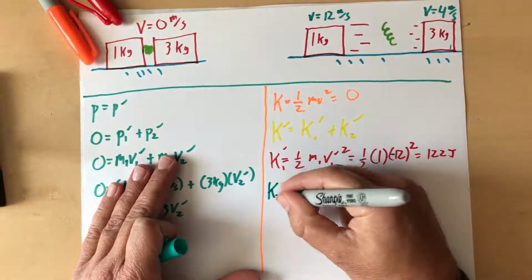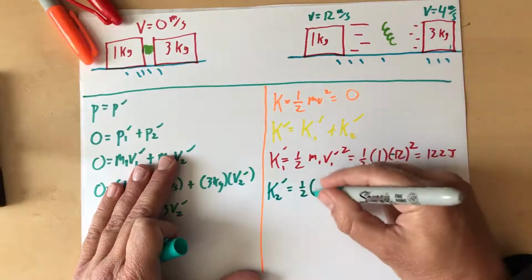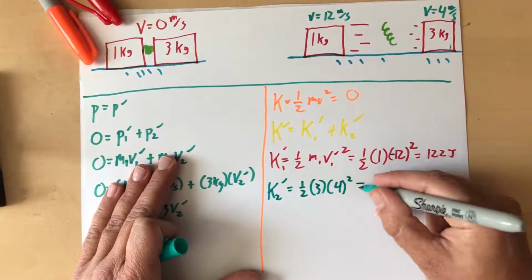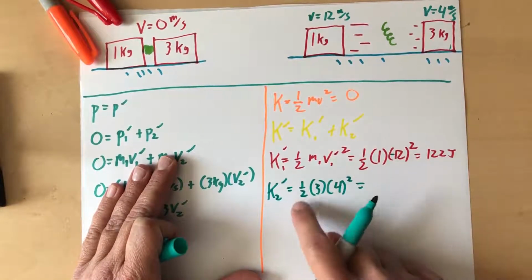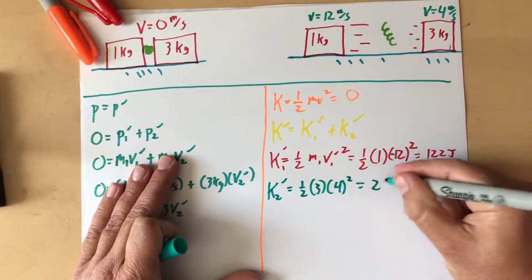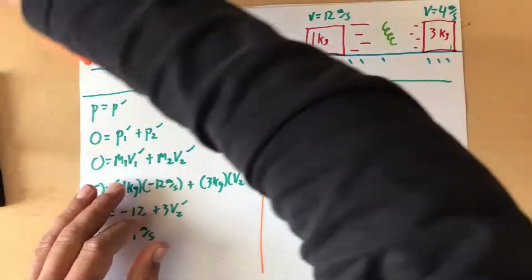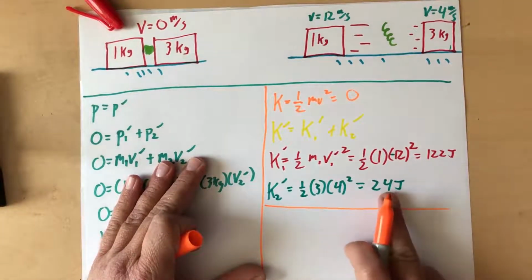And then the kinetic energy of object 2 afterwards is 1/2 times its mass, which is 3, times its velocity, 4. Don't forget to square it. So 4 squared is 16. Half of 16 is 8. 8 times 3 is 24 joules. So the total amount of energy afterwards is going to be the 72 joules from object 1 plus the 24 joules from object 2.